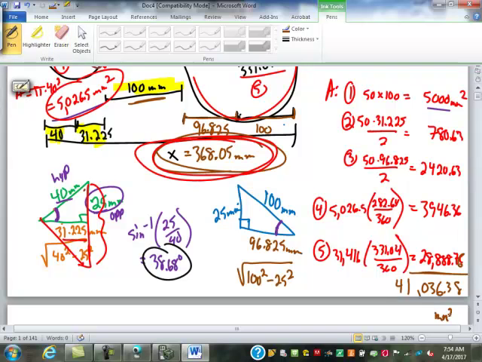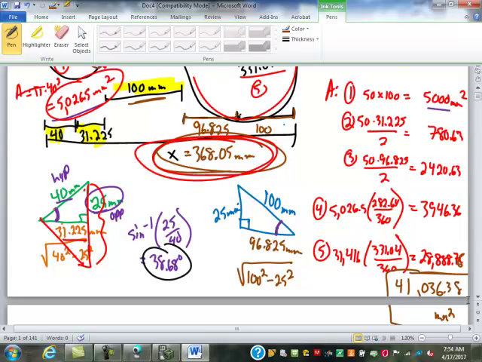Millimeters squared is my area. Does that look right? So that's our area. That's not so bad.